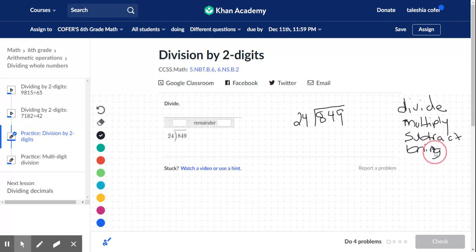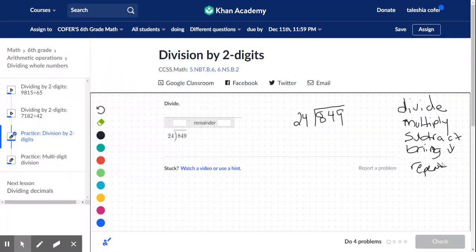Act like that's an N. That's a down arrow. Whoa, what's happening here? The whole word repeat is looking weird. Okay, so after we do all of that, we're going to repeat it.